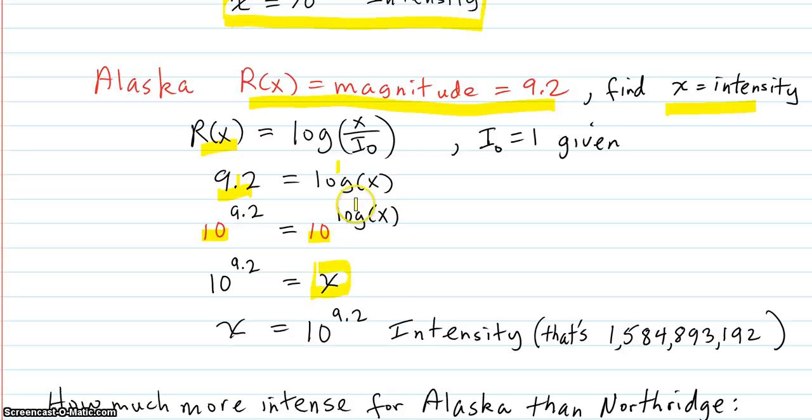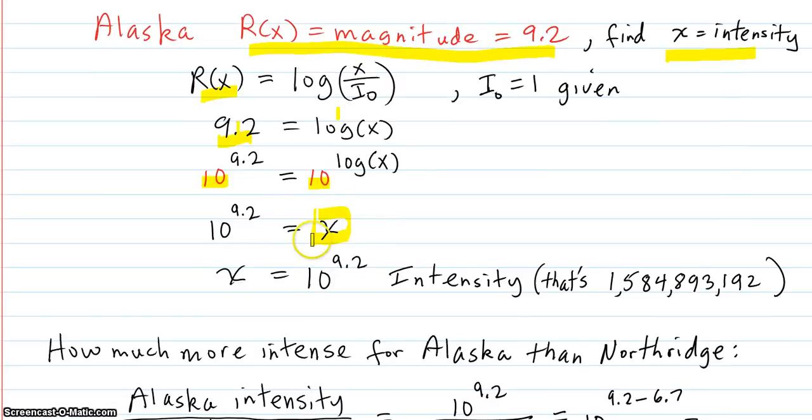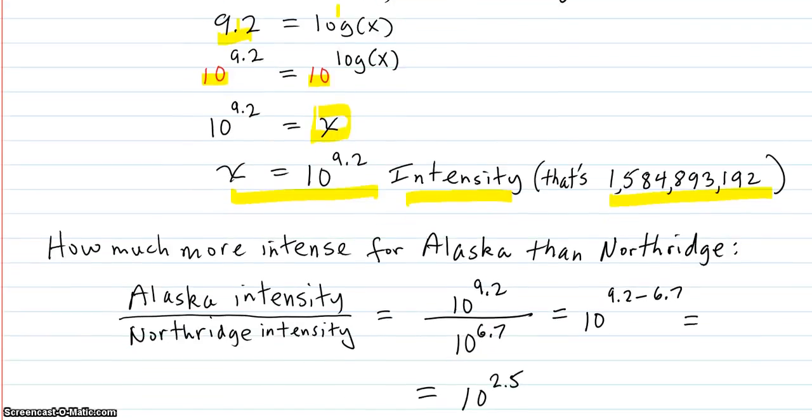You're not really canceling. I don't like to see canceling. I like to see just the understanding that it's the inverse operation is what it really is. And then I just turned it around, and x is 10 to the 9.2 intensity. That's about 1,584,000,000 something.